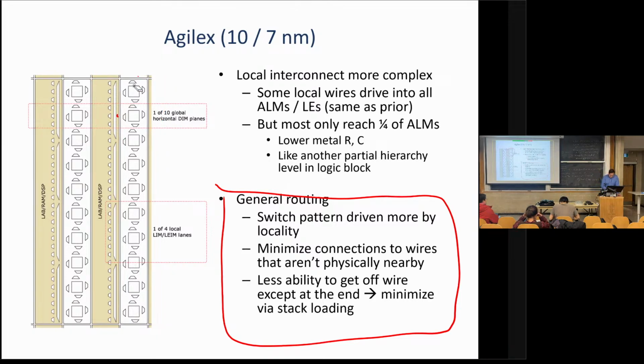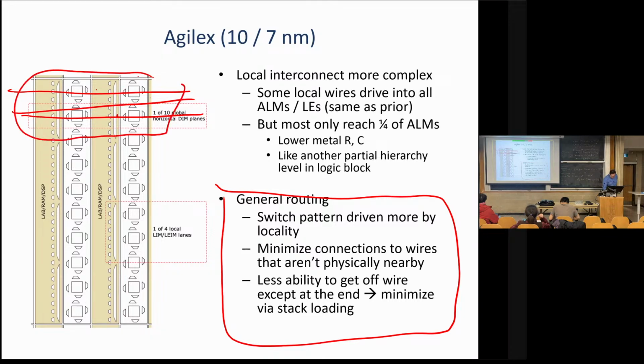They also, when they talk about the general routing, like the routing that goes between logic blocks, all FPGAs really run it over top of the logic block. So it's not really beside it, it's on top. And they basically take each of these 2.5 high ALM units, so it's like a quarter of a logic block, and most of the wires will switch within that bundle. Okay, so you don't get switching between wires that are kind of far apart in the channel.